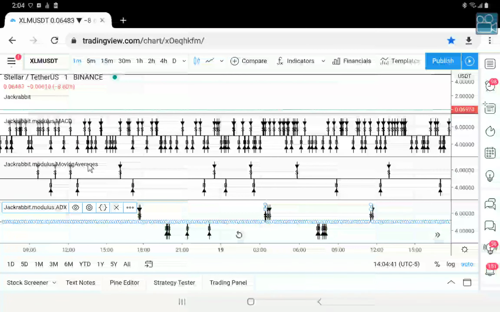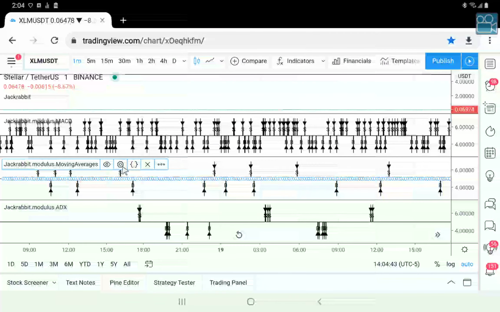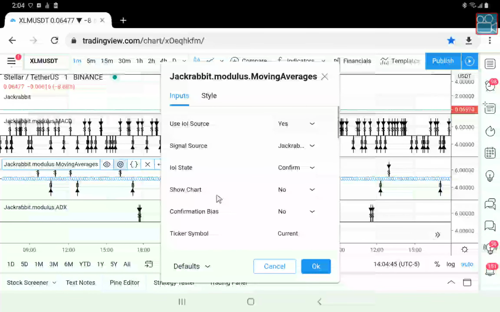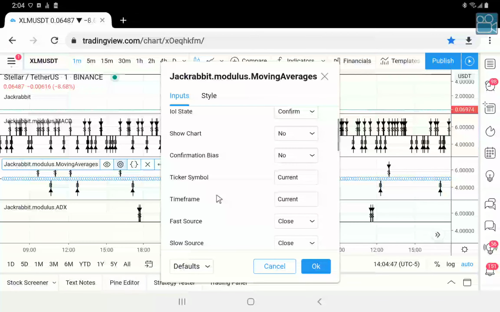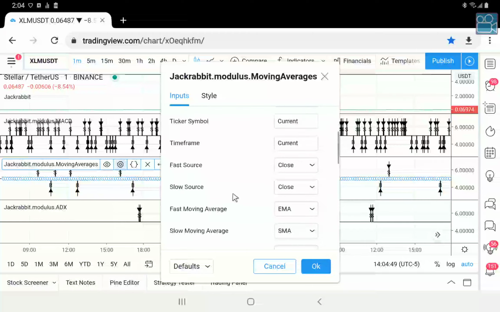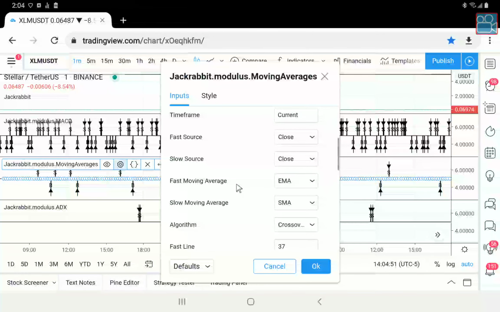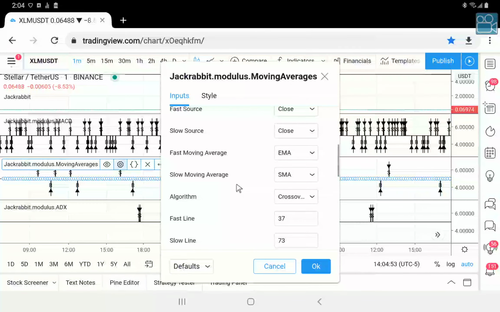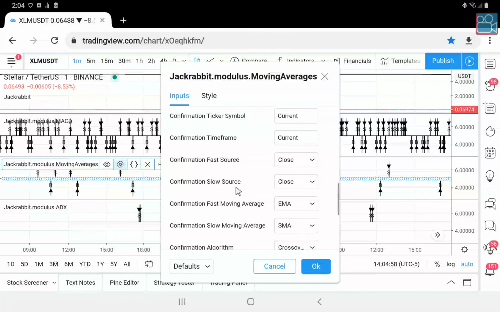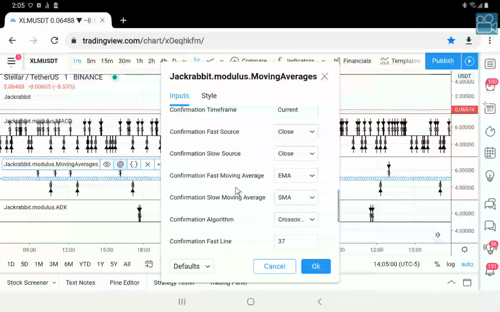Now, moving averages, this is just a basic crossover. Nothing complex about it. Pretty much cookie cutter right out of the book. So, let's play with the numbers a little.